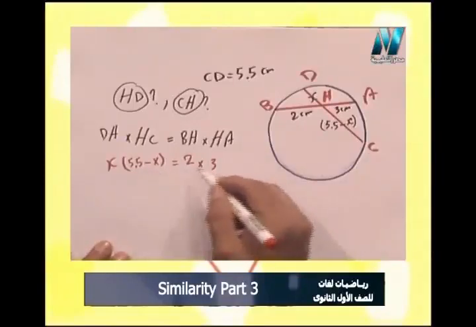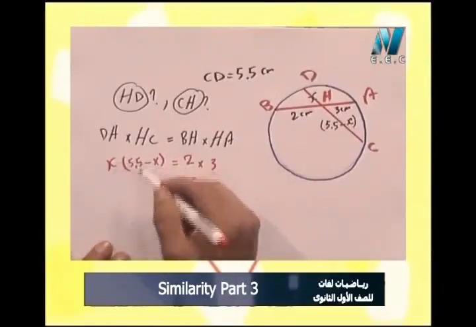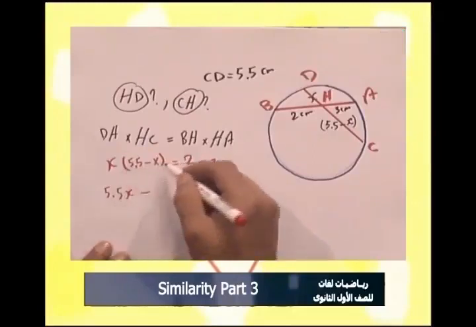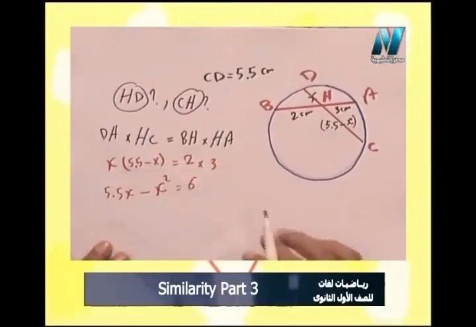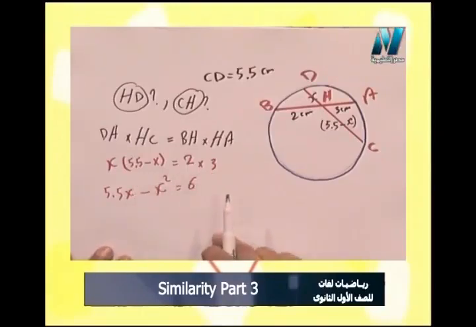We have here 2 times 3 equals 6. x multiplied by 5.5 will be 5.5x, minus x times x, which equals x power 2. Now we have here the algebraic form of a quadratic equation. So try to put it in the form.